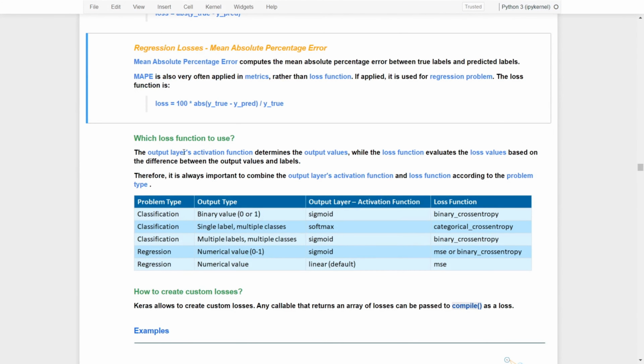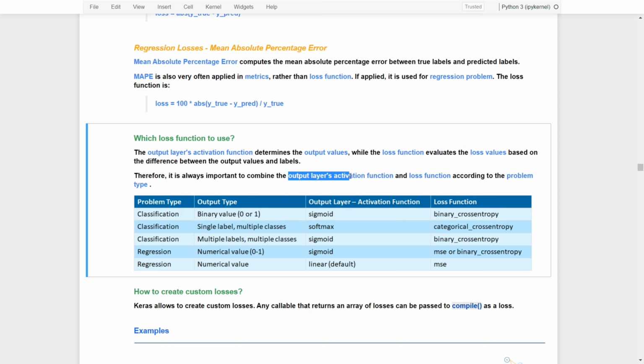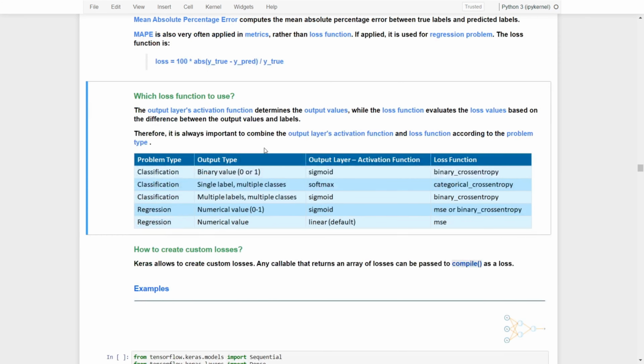The output layer's activation function will give you the output value, and the loss function will evaluate the loss value between the output value and the true value. Therefore, it's always important to combine the output activation functions and loss functions according to the problem types.